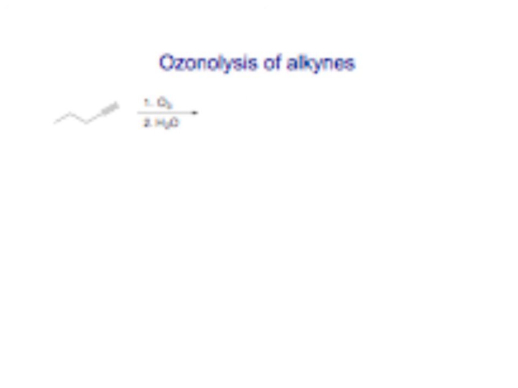Like I showed you on the preview slide, alkynes can also be oxidized. So it's going to cleave this entire triple bond, and because there are 3 bonds to oxidize, each end is going to be oxidized one more step than it was with just an alkene.